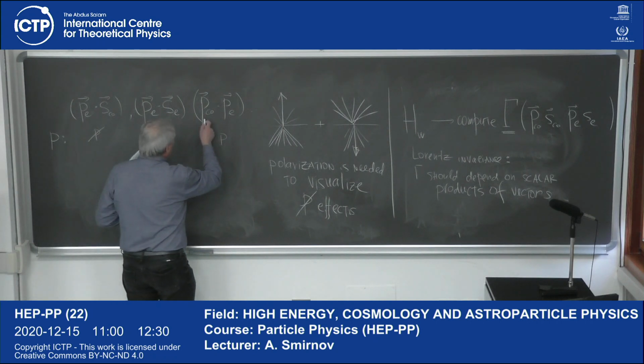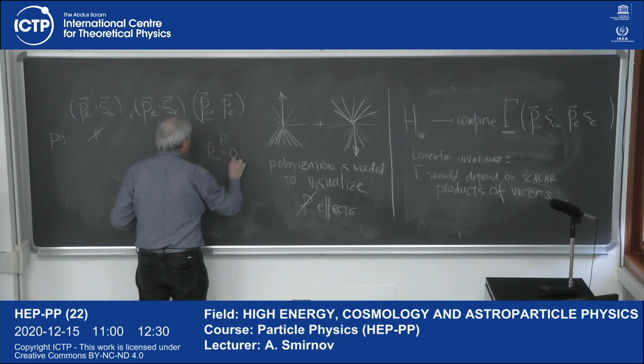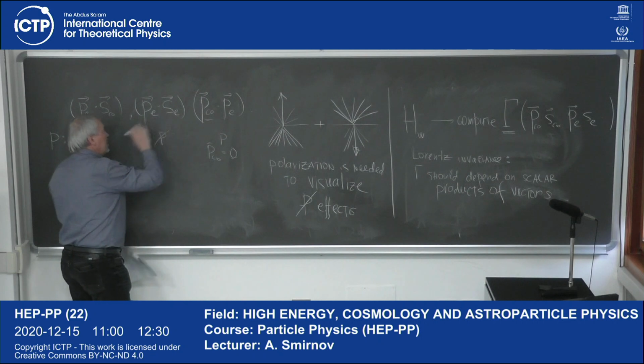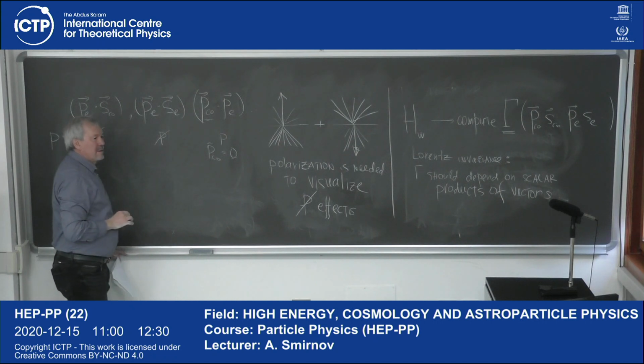Well, we are assuming that cobalt is at rest, so that P cobalt is 0. What is here is nothing but the projection of the spin of electron on the momentum of electron. This is helicity. So it's difficult to measure.